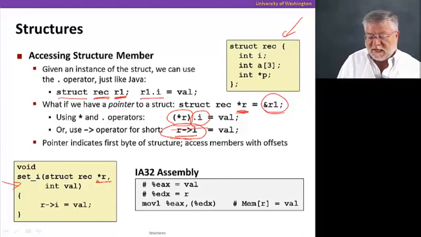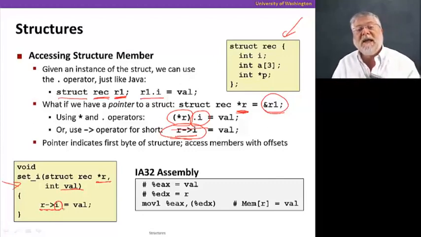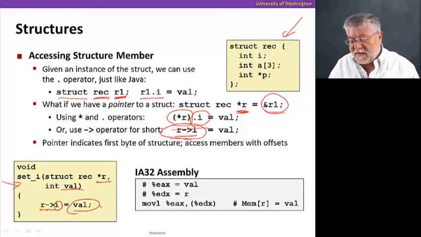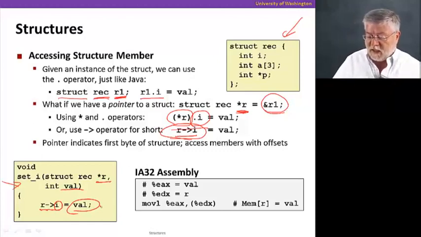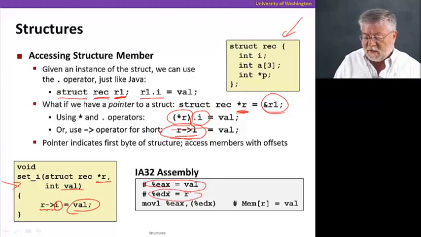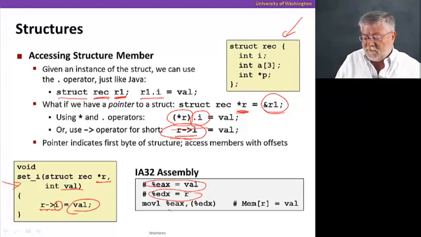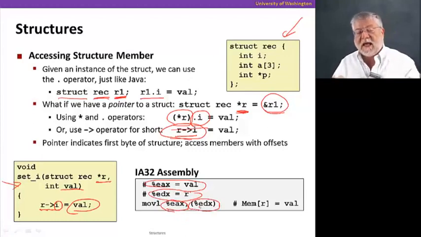So it takes a pointer to that struct as an argument and a value to put in that first member, and it says, well, I have that pointer, let's dereference it and offset to I, that first member of the struct, and then give it the value of val. The way that ends up looking in assembly code is very straightforward actually, because we have the value val in EAX, and we're going to have the pointer to the element in EDX, and we're just going to say move that value val to EDX at that address.